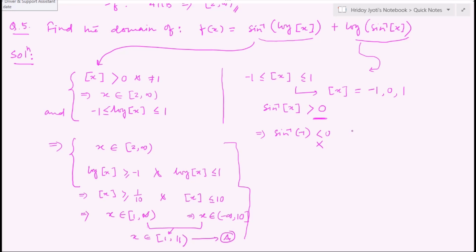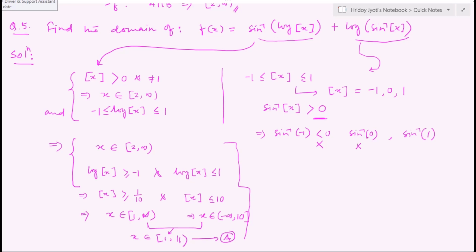Sine inverse of 0 is also 0, so that one also we are not looking for. We are looking for a strictly positive value. So from here we'll be getting only sine inverse of 1.